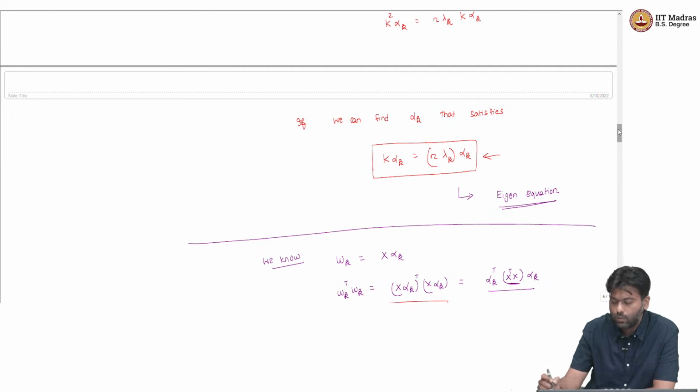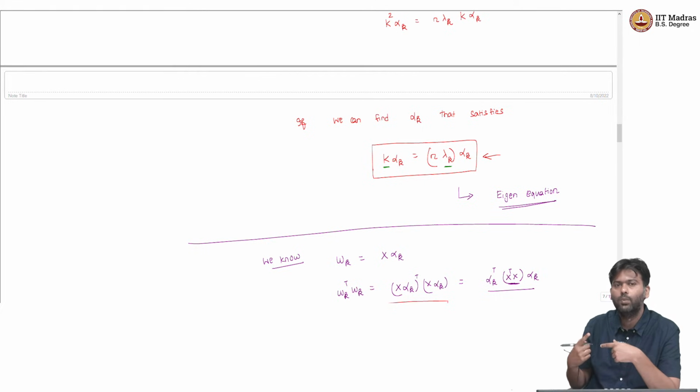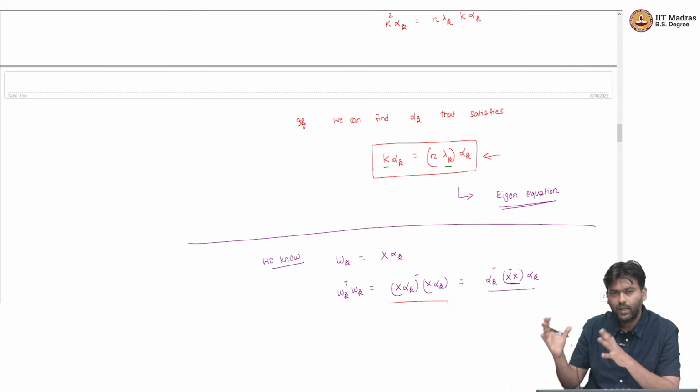Now, somehow this also involves lambda_k. We need to know lambda_k, which is the eigenvalue of X X transpose. But then we are only solving the eigenequation for X transpose X. So, now is there a relation between the eigenvalues of X X transpose and X transpose X, right? Because if we solve the eigenequation for K, that will give you a set of eigenvectors and eigenvalues.